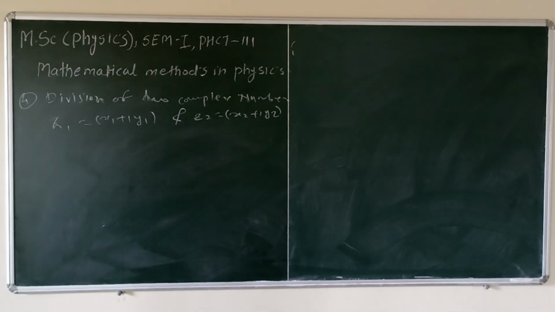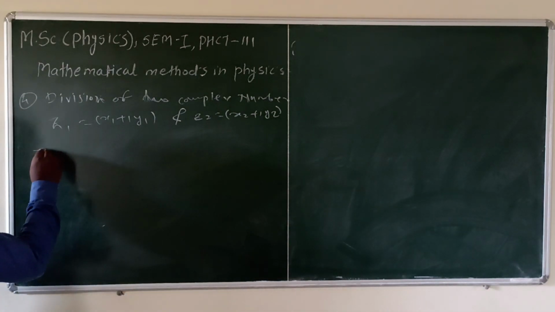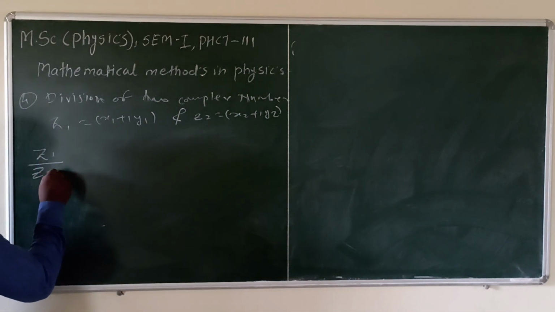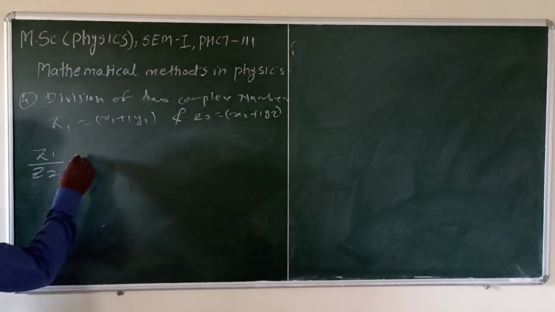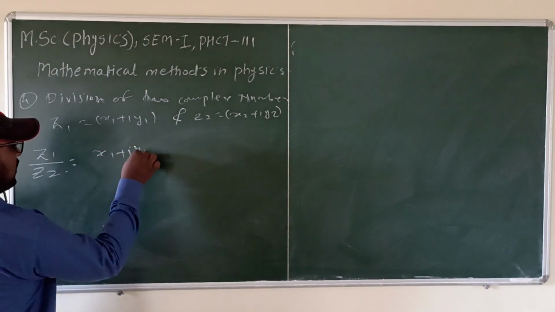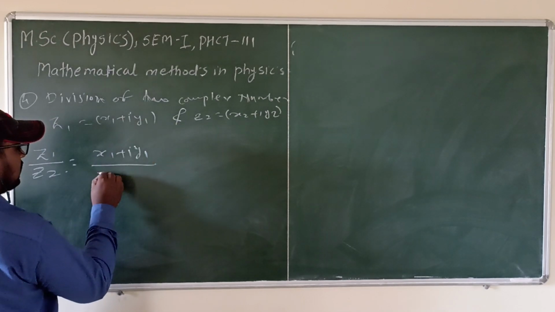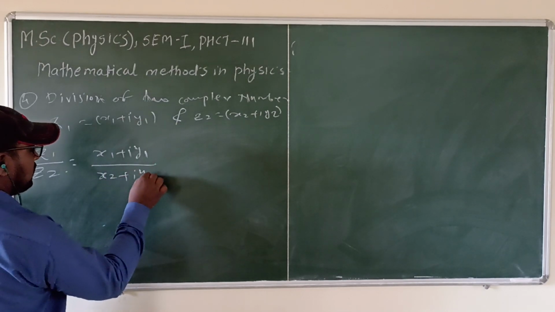So, the division of the two complex numbers is z1 divided by z2. This can be written as x1 plus i y1 upon x2 plus i y2.